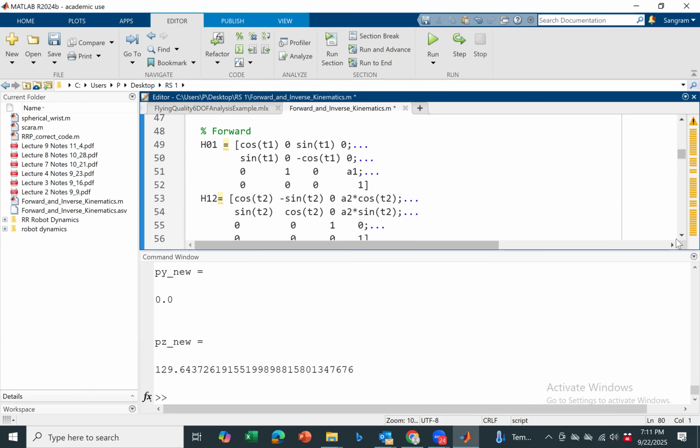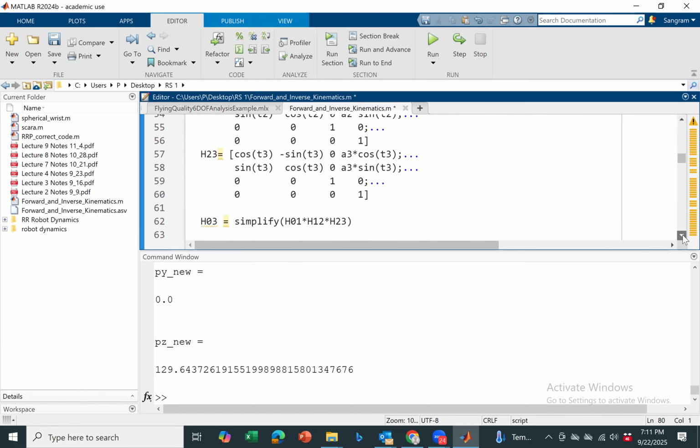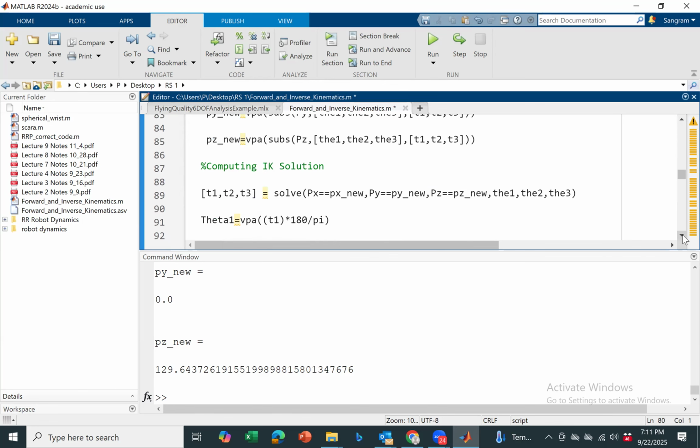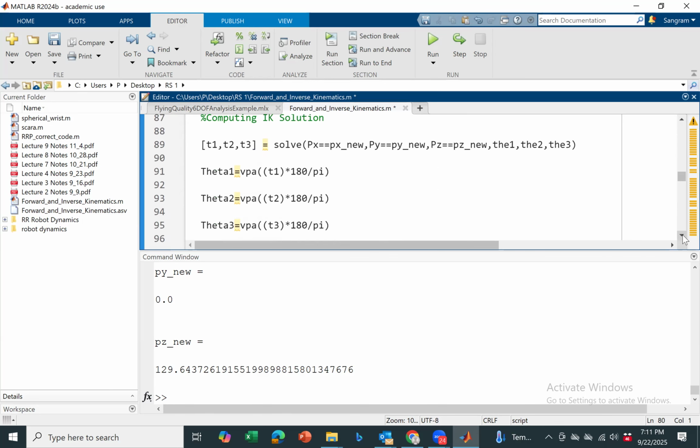So you get this over here, and the next part of the code is trying to find the inverse kinematic solution. What you're going to do in inverse kinematics is substitute the values that you obtained in forward kinematics. So here is how you should verify the answers in the lab.